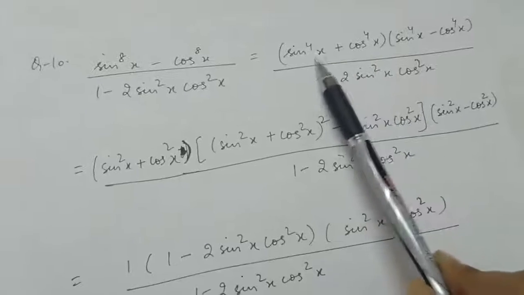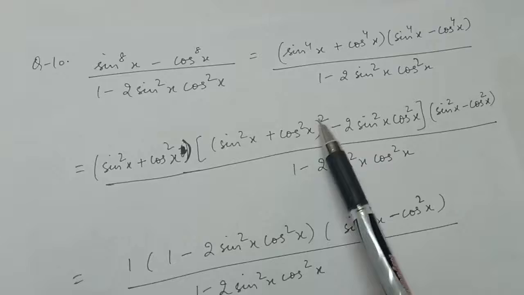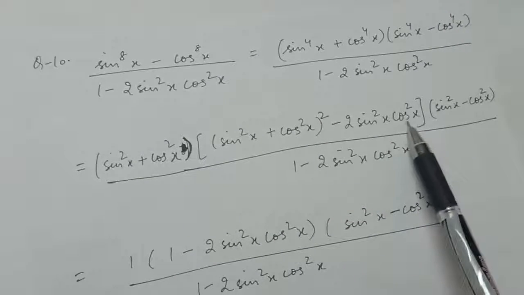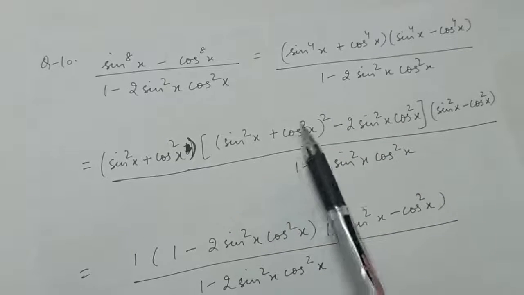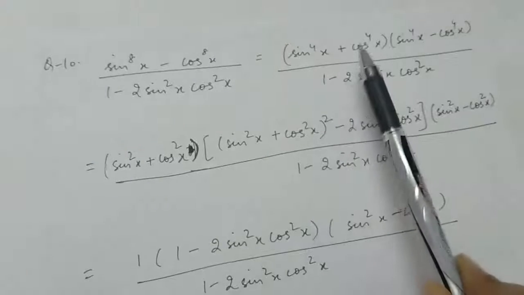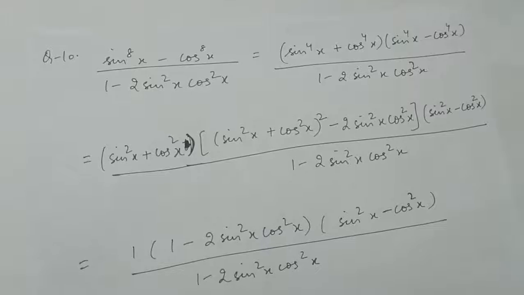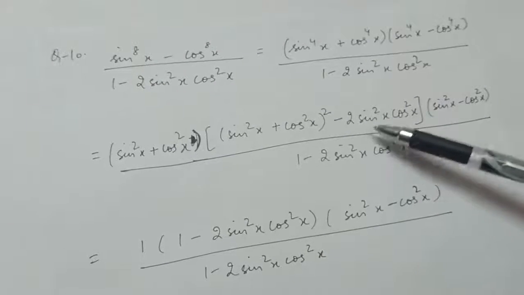Now see, this can be written as sin square x plus cos square x whole square minus 2 into sin square x into cos square x. Why is this so? Because square of this will be sin x raised to the power 4 plus cos x raised to the power 4 plus 2 sin square x into cos square x, which is not here, therefore subtract this term, right?